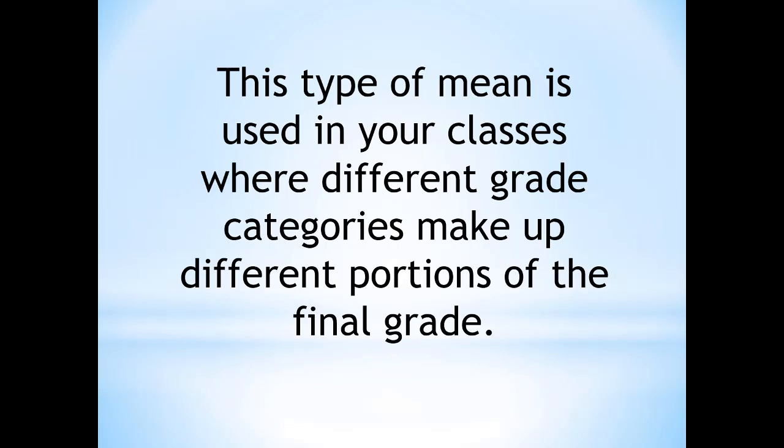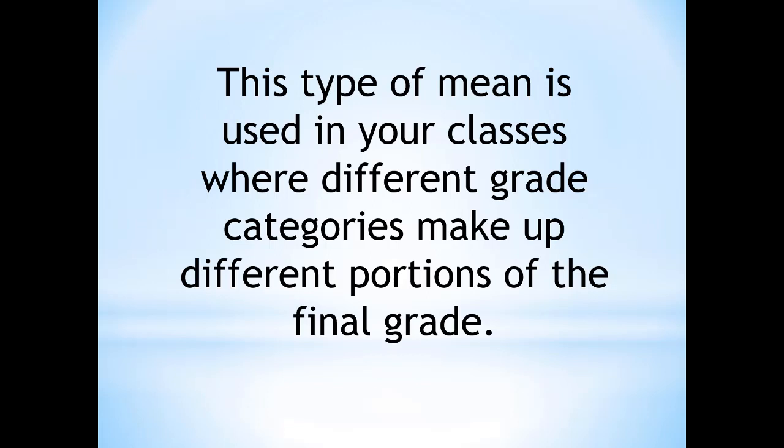So for instance, in our class, exams are worth 70% of your entire grade. That means the exams are weighed more heavily than the homework. Homework is only worth 15% of your final grade. So it has less weight. So that's what we're talking about when we're talking about weight. We're talking about which data values have more impact on the overall value.